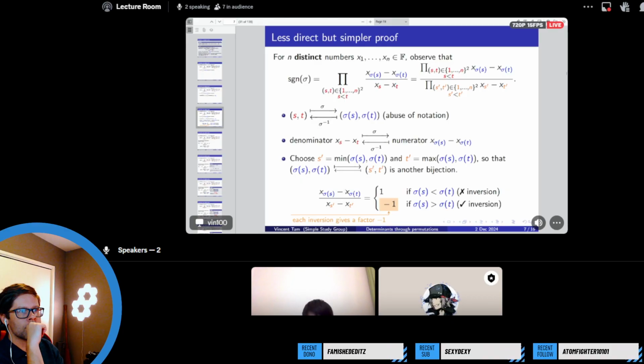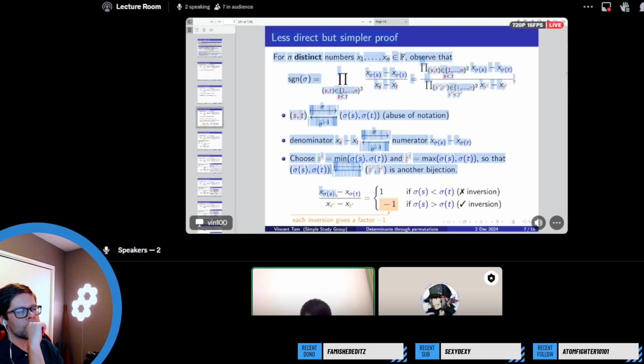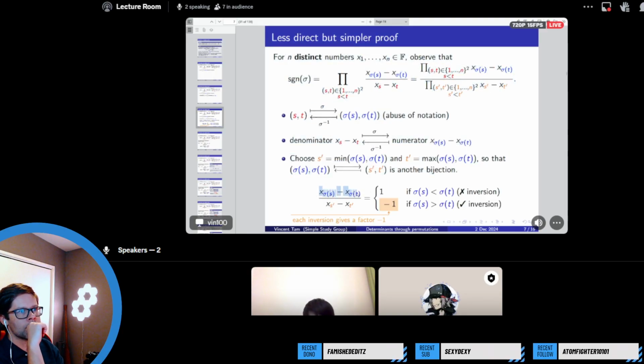So if we compare x sigma S minus x sigma T, that is a so-called polynomial.